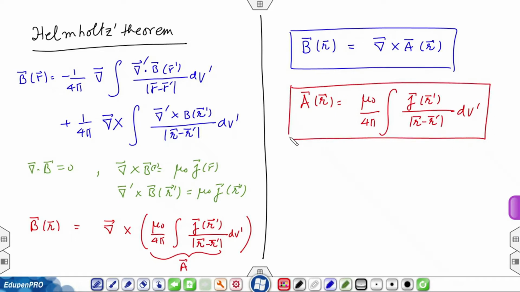This is known as the vector potential for magnetic field.